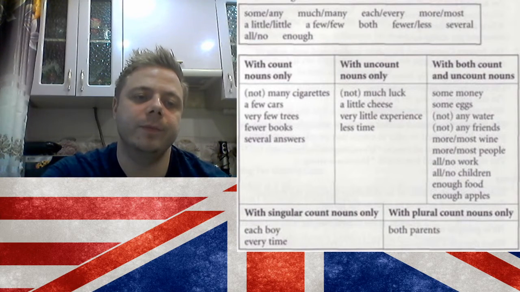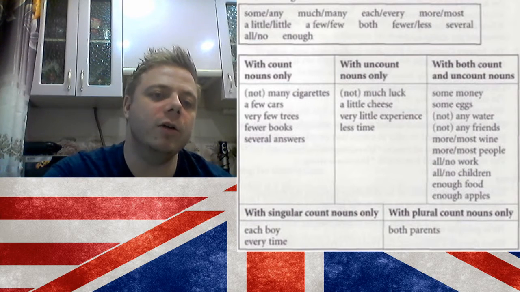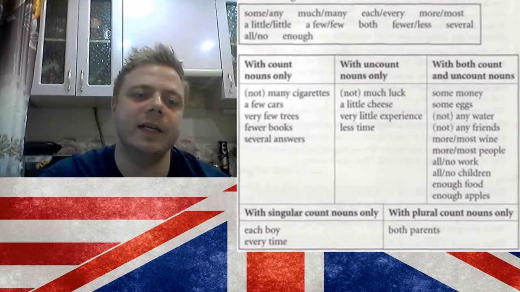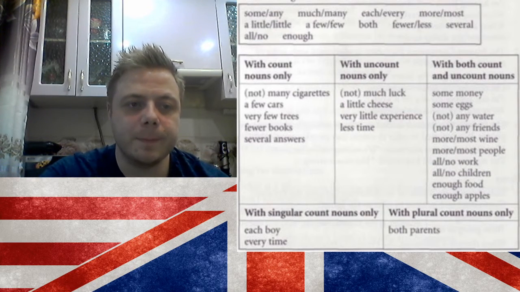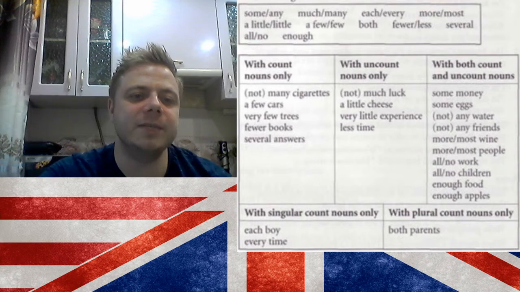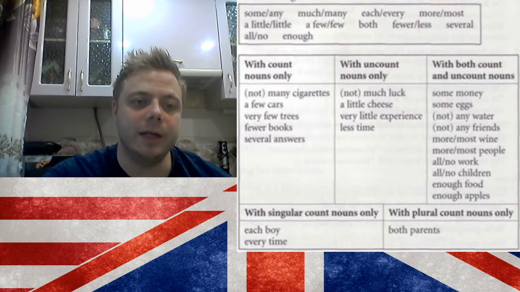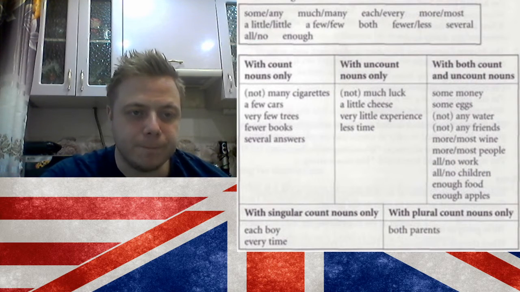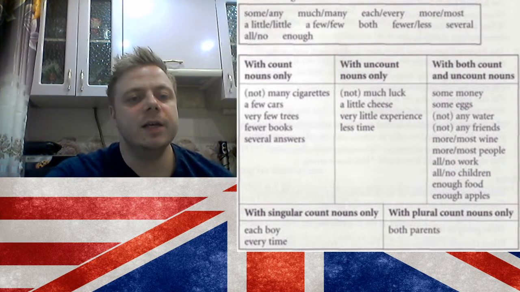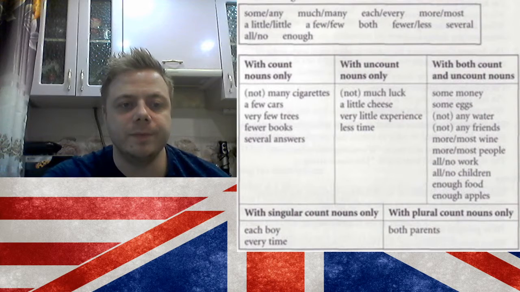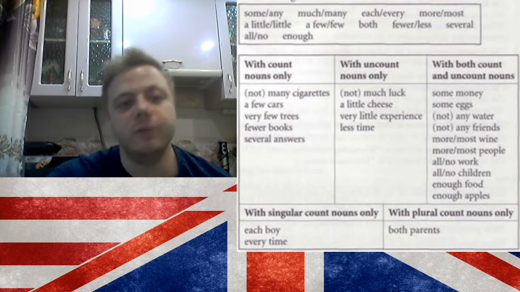Be careful. One more time. He has so much money that he doesn't know what to do with it. She hasn't got as many friends as I have. You make too many mistakes. Be careful. Okay. In affirmative or positive sentences, the following forms are found. So it's spoken or informal English.